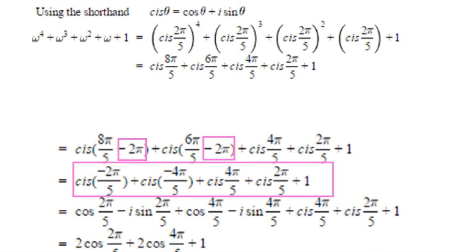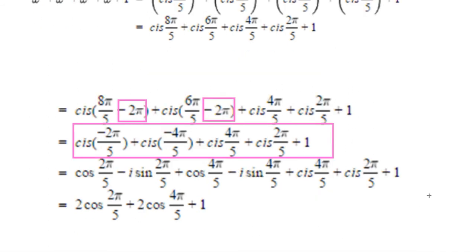So this is cos 2π/5 minus i sin 2π/5. Expand it all out. And what you will notice is the extent to which things start cancelling out. So you've got cos 2π/5, you also have i sin 2π/5, cos 4π/5, i sin 4π/5, cos 4π/5 plus i sin 4π/5, and this will be cos 2π/5 plus i sin 2π/5.